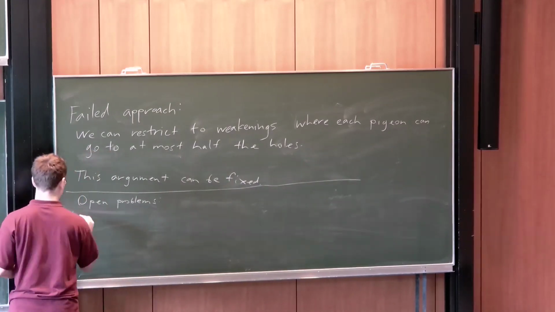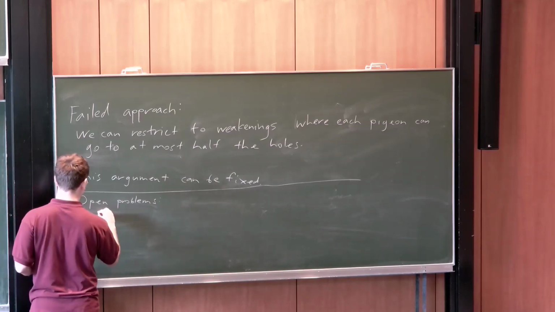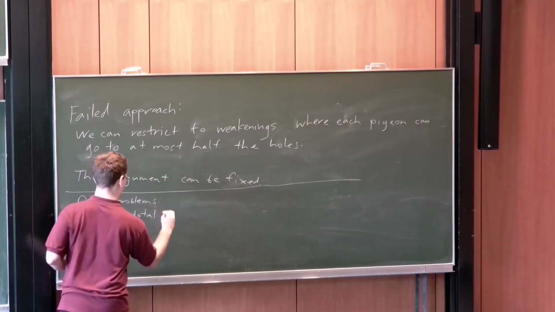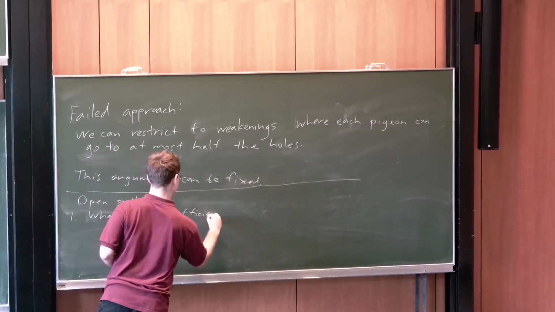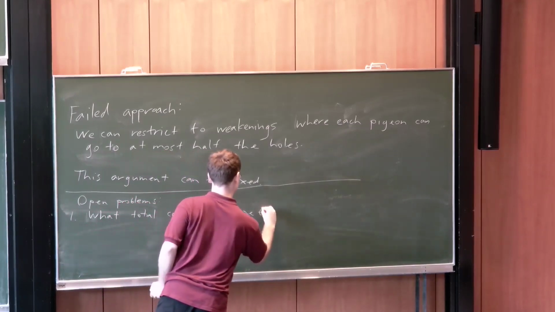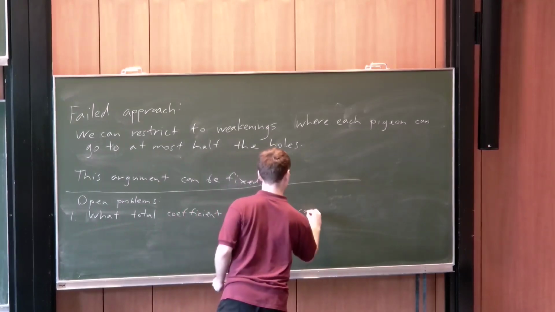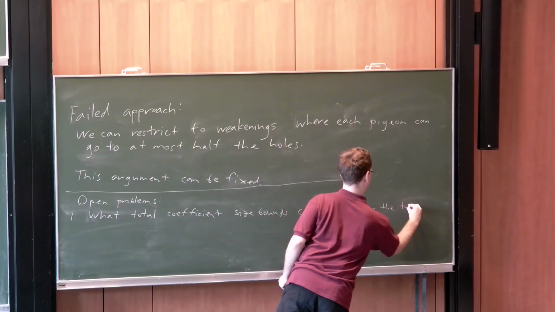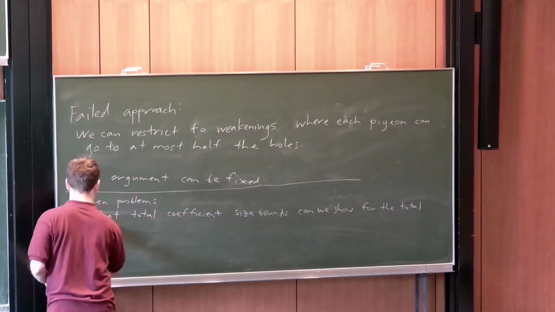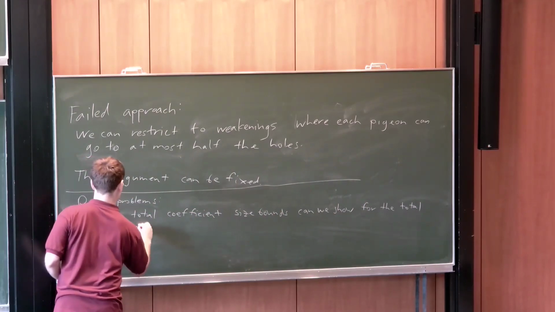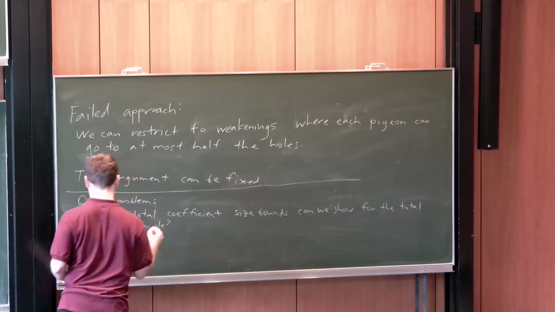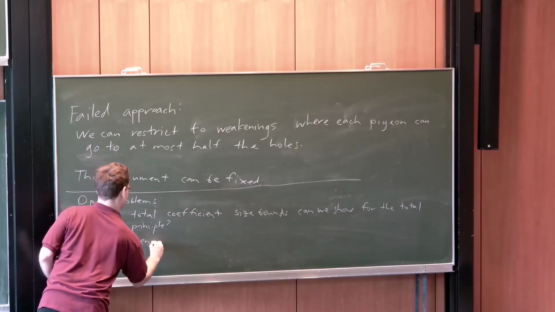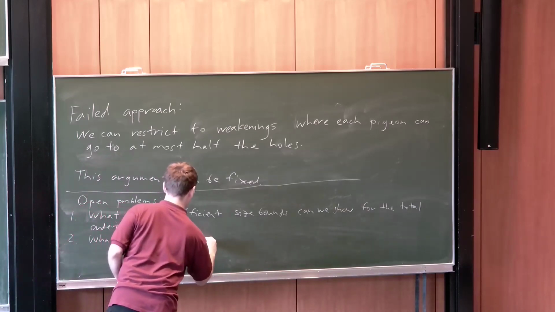One is, what total coefficient size bound can we show for the total ordering principle? What happens if we have more pigeons?